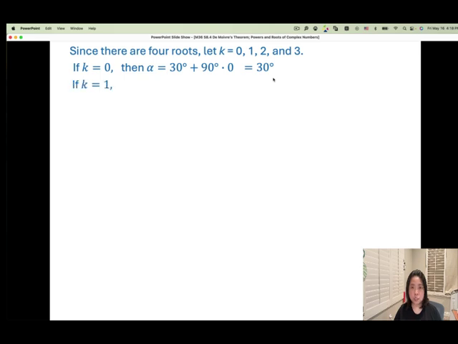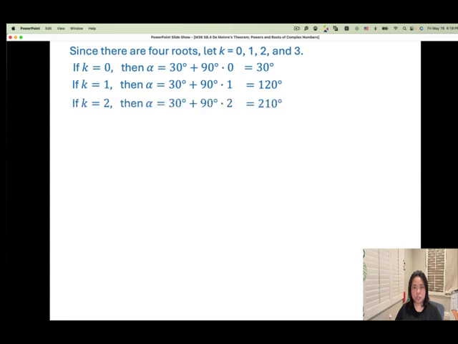K equal to 1, you're going to get 30 degrees plus 90 degrees times 1, which is 120. Try to find out k equal to 2, k equal to 3. Check your work. You should get 210 and then 300 degrees.